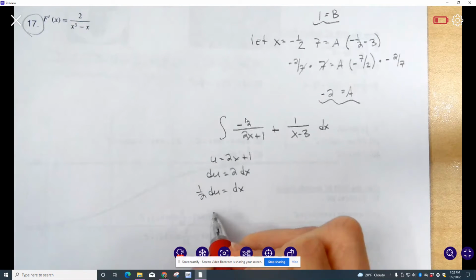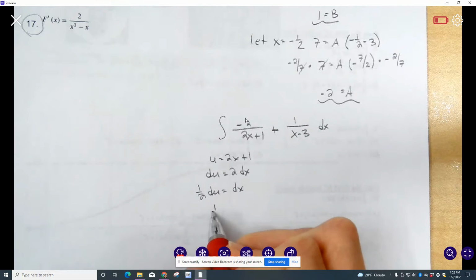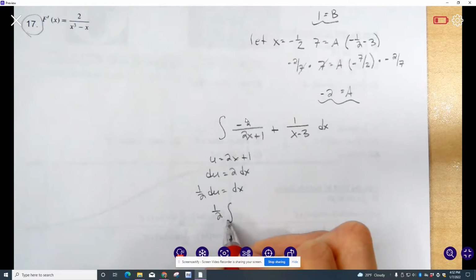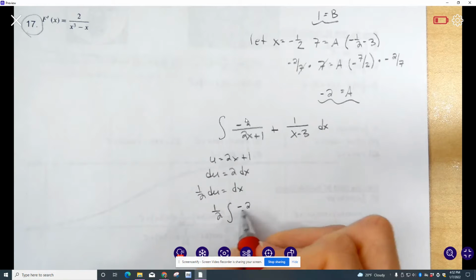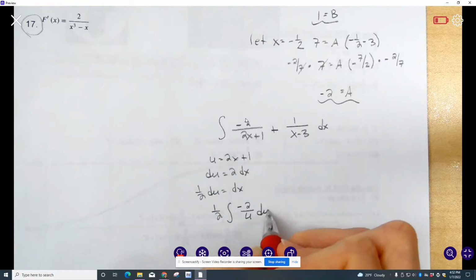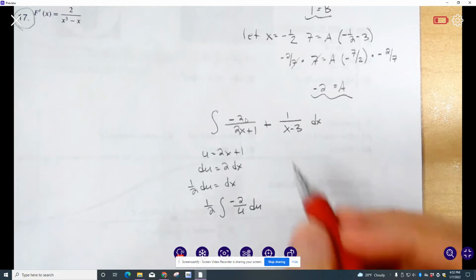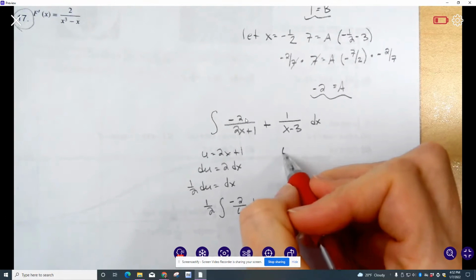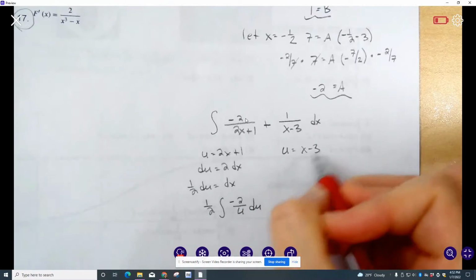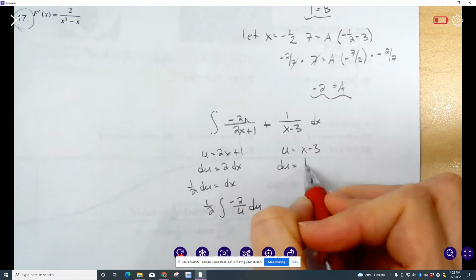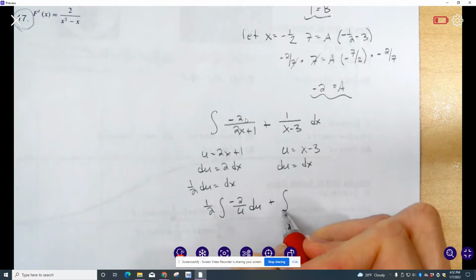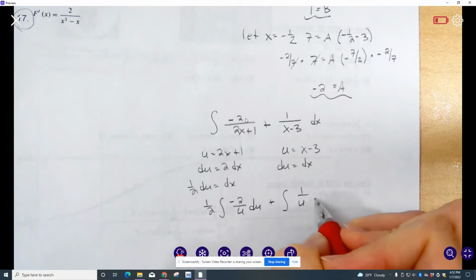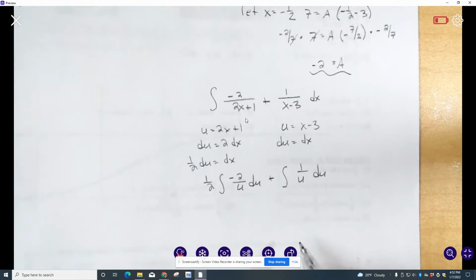So this integral would become 1/2 the antiderivative of -2 over u du. And then here I would also do a u sub, u equals x minus 3, and then du equals dx. So this would be plus, would just become 1 over u du.